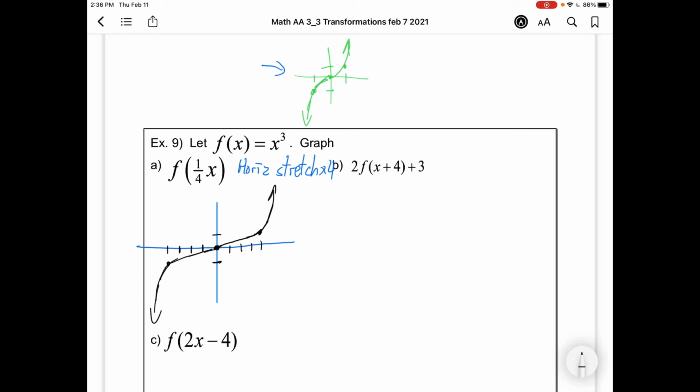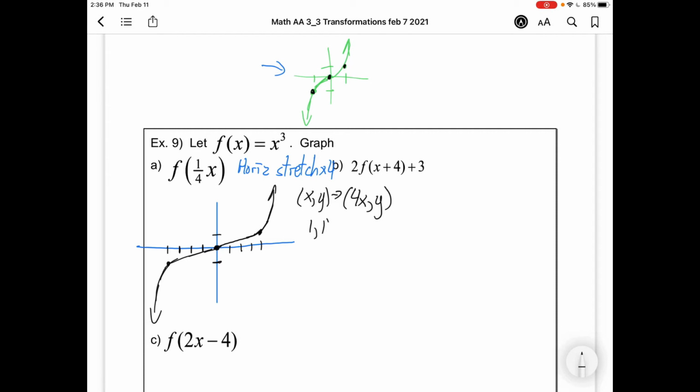If you don't want to do that, if you want to show some sort of method, maybe what you'll do is generate a map. And that map will show the horizontal stretch. The x's are getting times by 4, and nothing's happening to the y. And then you'll just apply that to the key points that were on your basic cubic, the points that we knew were on f of x.